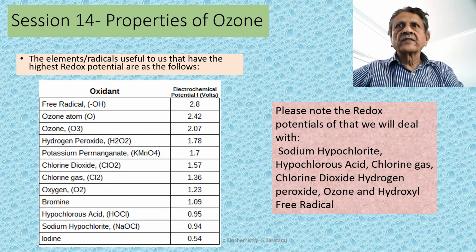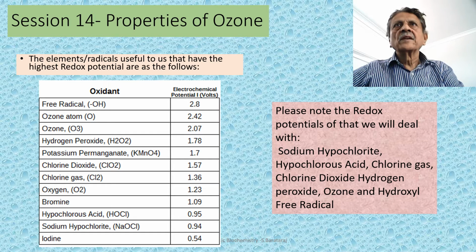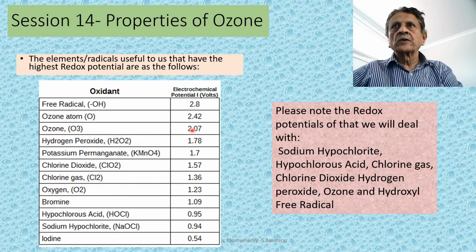Here again, I have to bring the famous charts with respect to the electrochemical potentials. For example, the free radical, we have 2.8. Nascent ozone atom is 2.42, and ozone itself is 2.07.